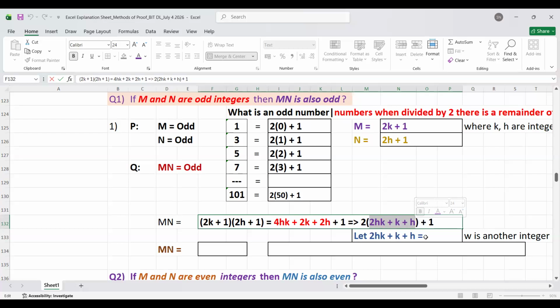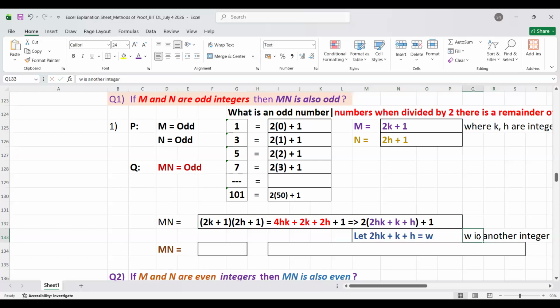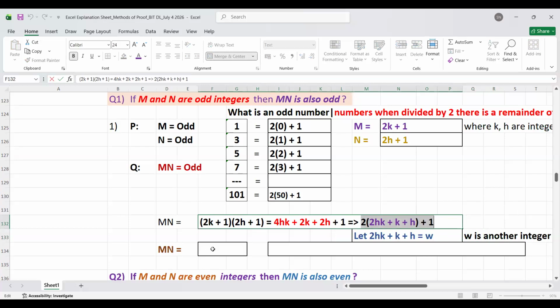It will be a whole number. So I'm just going to let that term in bracket be equal to, let's say, w, where w is also another integer. Then this equation can simply be written as 2 times w plus 1.